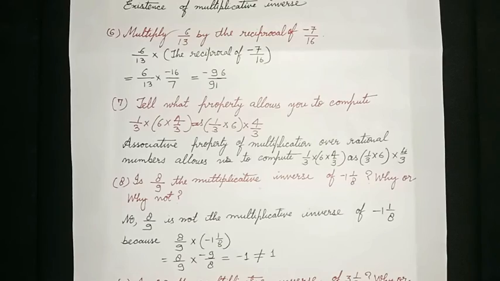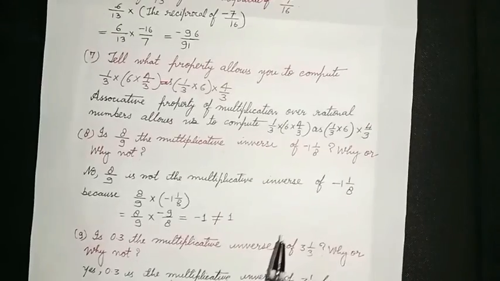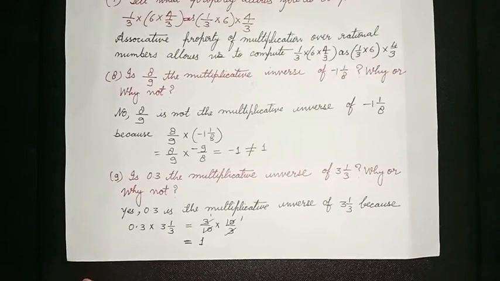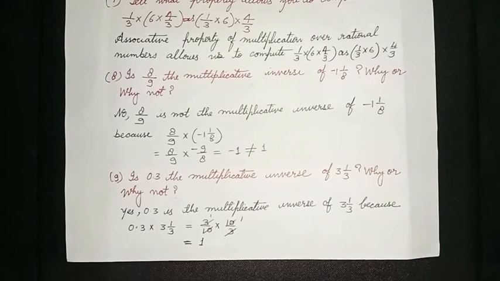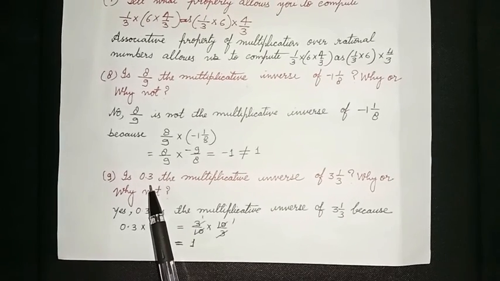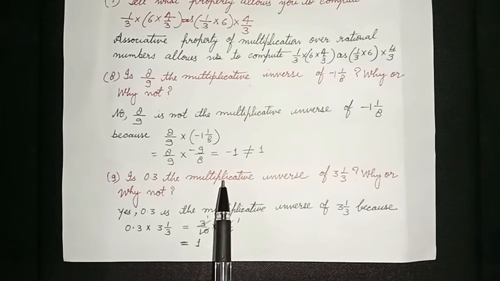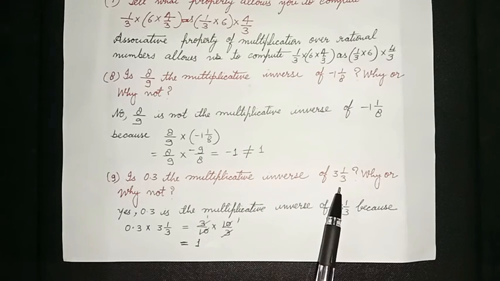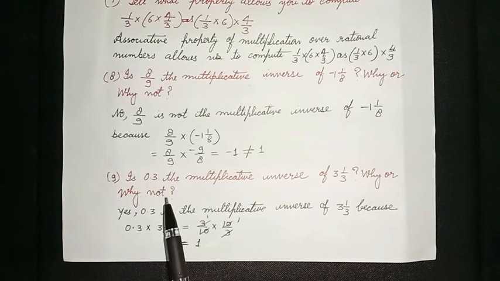Now question number 9. Question 9 is: 0.3, it's a decimal number. Is 0.3 the multiplicative inverse of 3 whole 1 by 3? Why or why not?